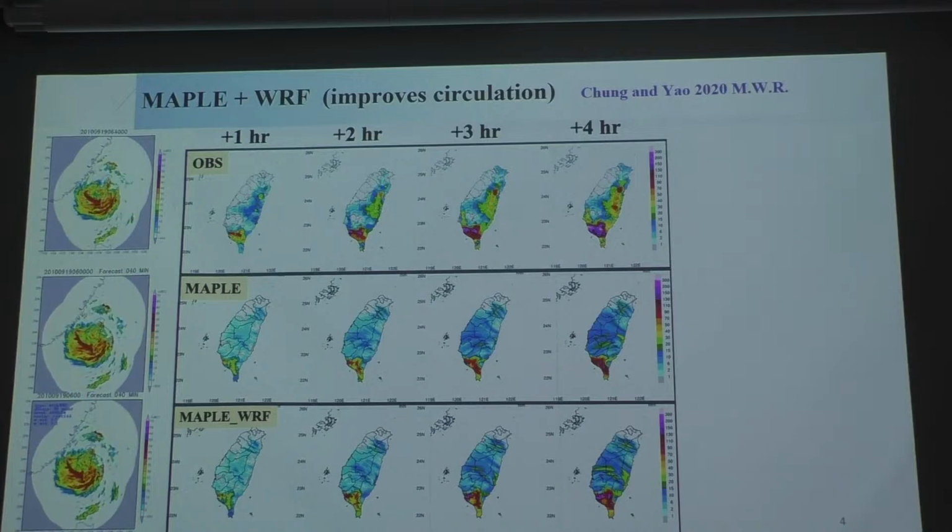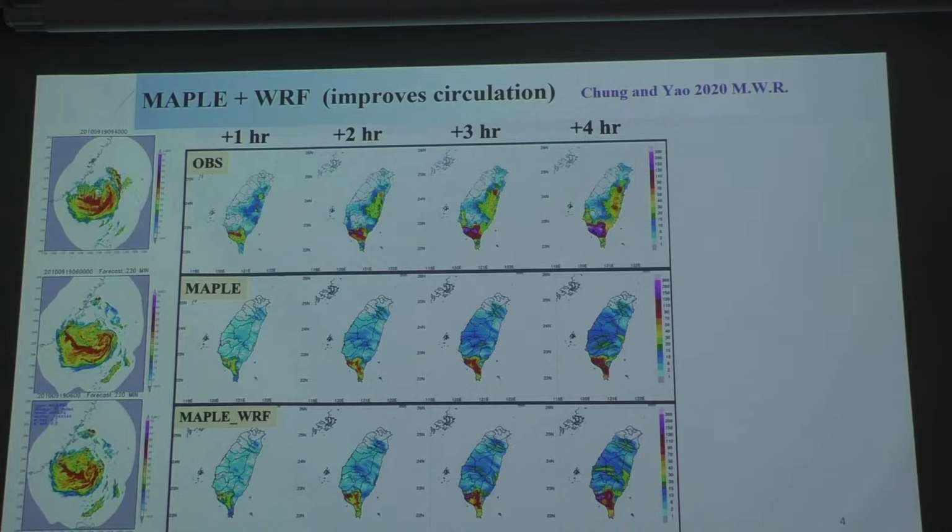So in the past, people always tried to merge or hybrid two algorithms. One is the radar echo extrapolation, with the numerical weather prediction, the output of numerical weather predictions in terms of rainfall.